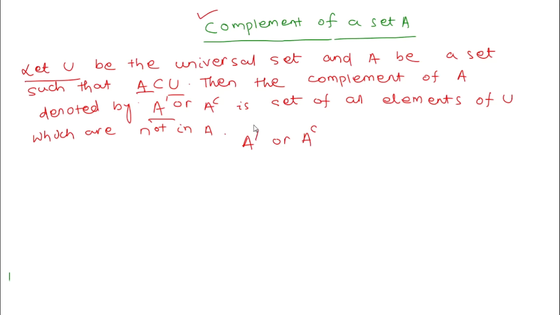Then A dash or A complement is the set of all elements of U which are in U but not in set A. So we can write it as the difference of the universal set and the given set, U minus A. What is the difference between the other operations we have studied till now and the complement? The difference is that we are using just one single set.